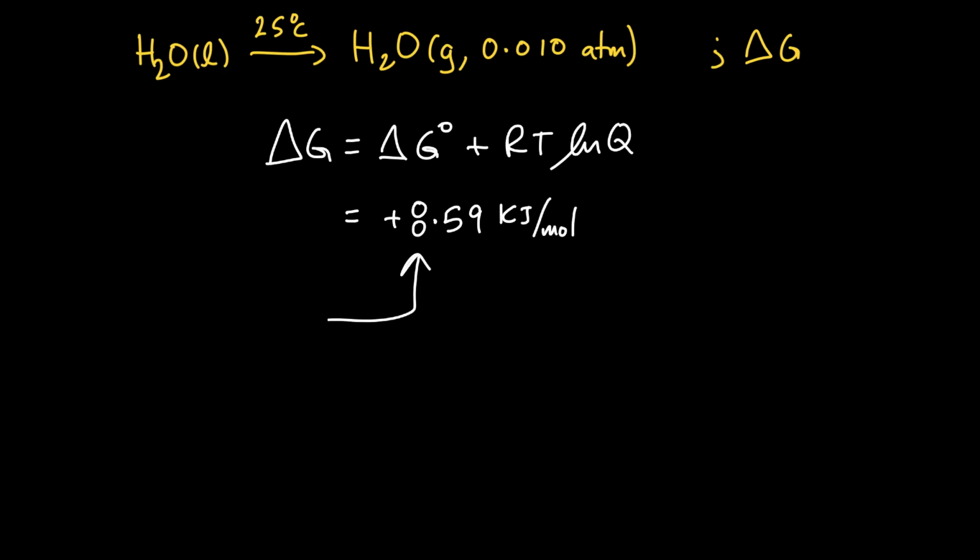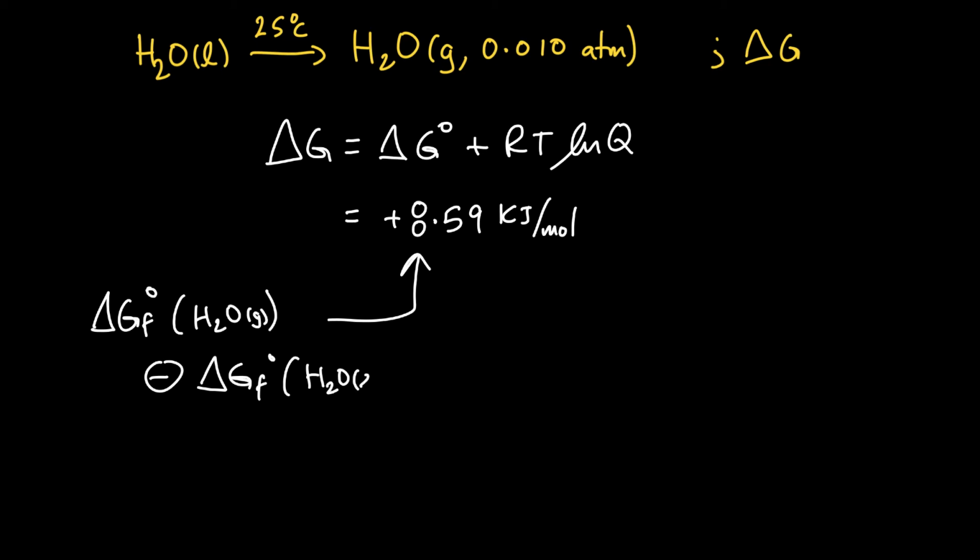The easiest way is probably to look at delta G of formation of the product, water vapor, and subtract from that delta G of formation of the reactant, the liquid water. Those are under standard conditions, so they would officially apply to pure liquid water and water vapor under 1 atmosphere of pressure. So we got 8.59. The takeaway from that is that this reaction cannot occur under standard conditions.